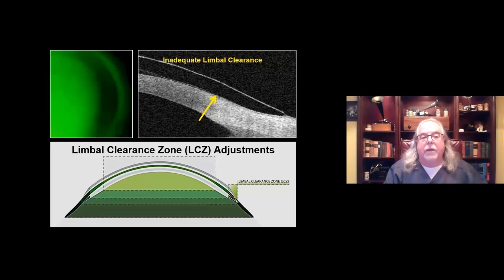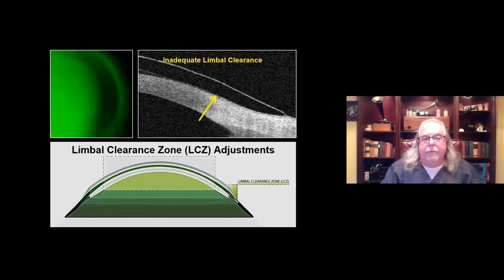But when we look over at that area beyond the cornea, that limbal area, we see very little fluorescein there, indicating we probably have a situation where we have inadequate limbal clearance, resulting in inadequate peripheral corneal clearance.